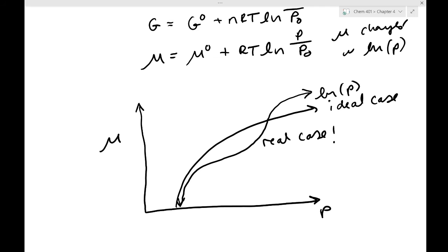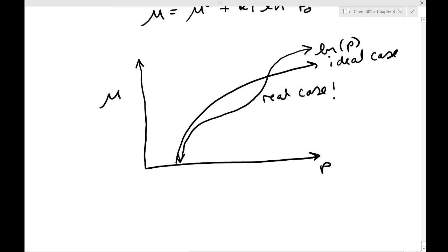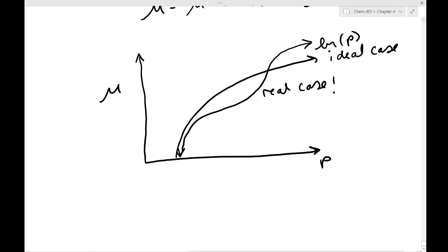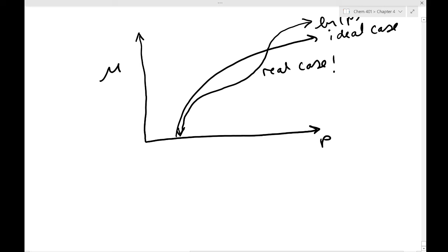It's a fairly good approximation to say that something is an ideal gas, but it is nowhere near being an actual ideal gas. And this curve, the real case, can be broken up into three distinct regions. So at very, very low pressure, the real case approaches the ideal.